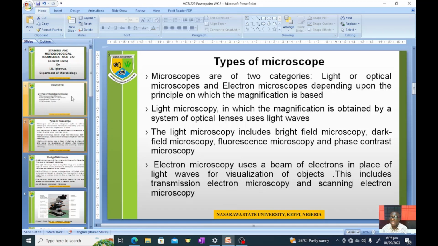The individual categories are applicable at different conditions, and different processes are involved while using these categories of microscope. But for the purpose of the routine and general microscopy, we will be considering the bright field compound microscope.